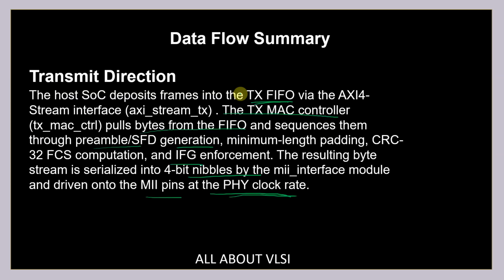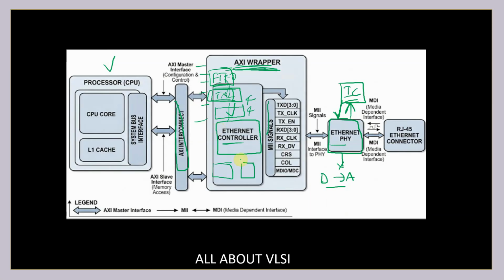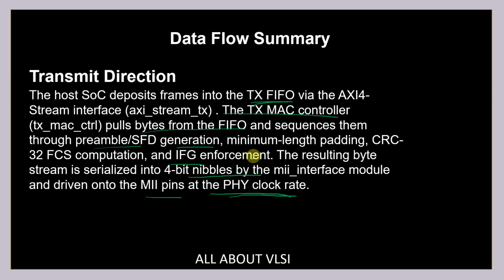After that, we look into the receive direction. The MII interface model samples 4-bit nibbles from the physical interface. We have another model known as RX, which is going to receive the data frames from the MII interface at 4-bit rate.